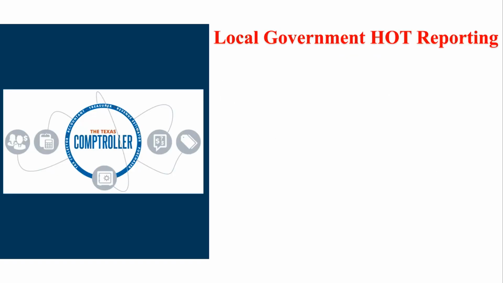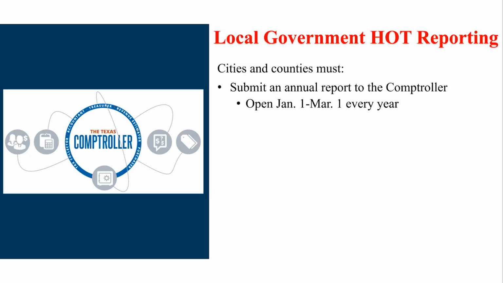Cities and counties are required to report their hot tax information to the comptroller annually. HB 3727 and SB 1420 moved the reporting deadline for local governments from February 20th to March 1st.